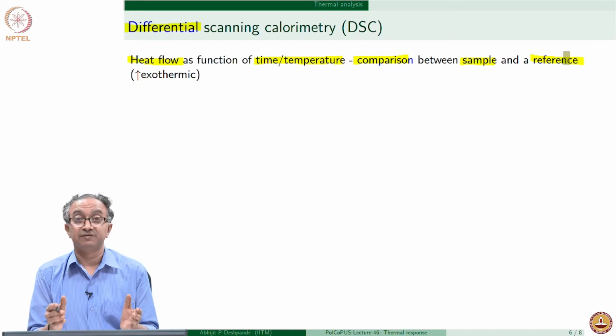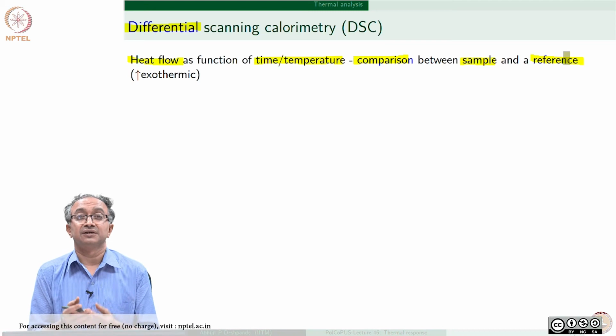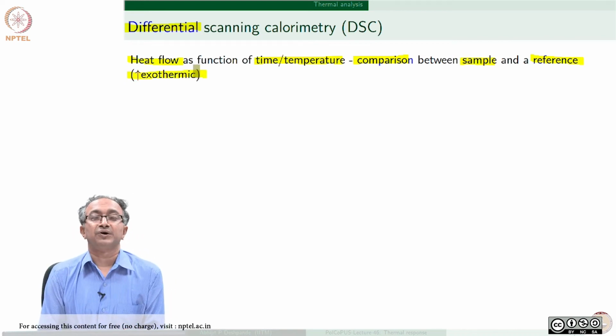And then if the polymeric sample is undergoing glass transition, or it is undergoing crystallization or melting, then the heat requirements will be completely different, because many of the processes will involve change in heat capacity, as we see in case of glass transition, or it may involve enthalpy changes which is either exothermic or endothermic process. So, therefore, generally DSC curves are also plotted by talking about which side implies exothermic.